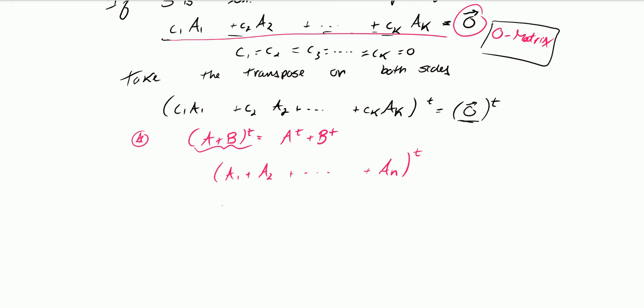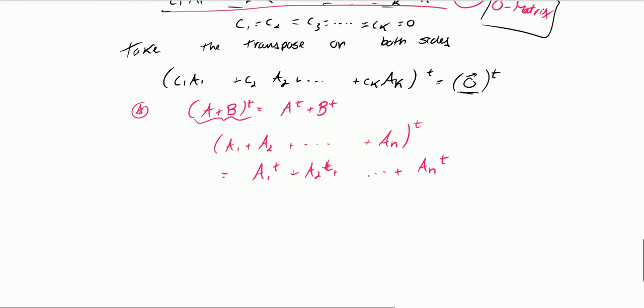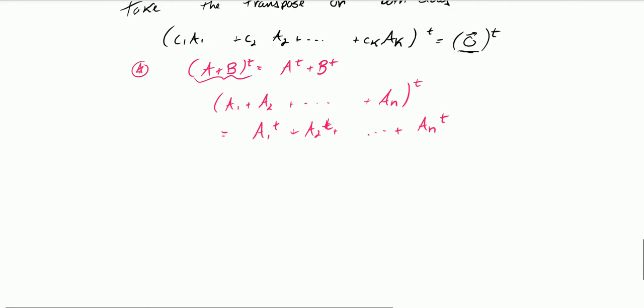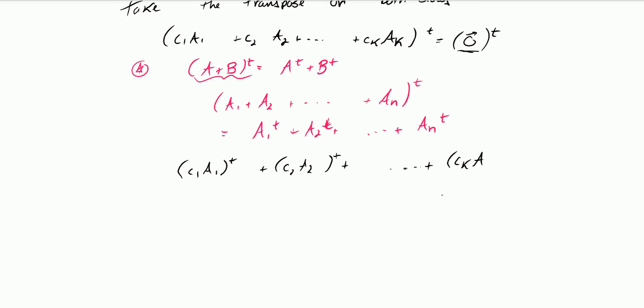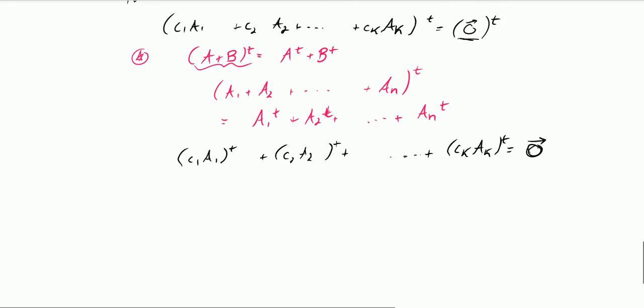If you take the transpose, then by a property of matrices, you can write A1 transpose plus A2 transpose plus ... plus AN transpose. So that's just the property of transposes, and that's what we're going to do on the left-hand side. So we write C1 A1 transpose plus C2 A2 transpose plus ... plus CK AK transpose. And taking the transpose of the zero matrix just gives you the zero matrix, so we still have the zero vector on the right-hand side.